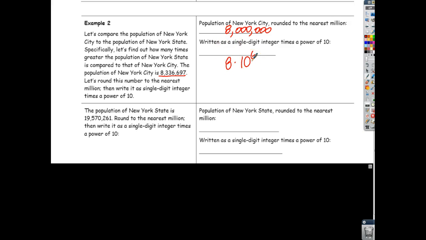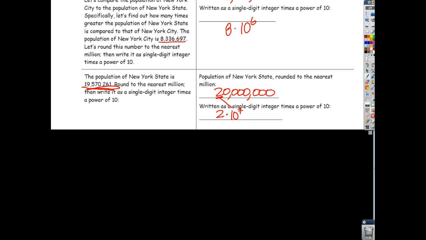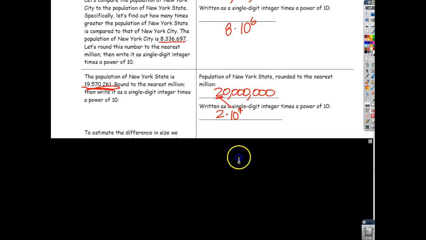Then we looked at the population of the state, which is that one, and that goes to about 20 million, which is 2 times 10 to the 7th. 10 to the 7th is this power right there. So we have 2 of those. And then we said, let's compare these values.